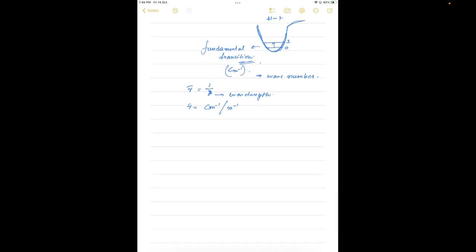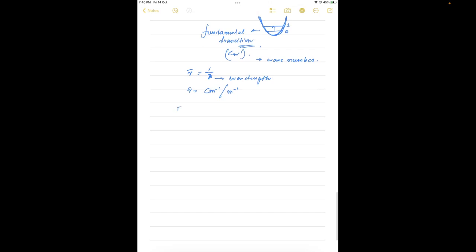Now to apply this spectroscopic signal in your mathematical expression, we know that energy E equals h nu. H is the Planck constant, which has the unit of joule second in SI unit.